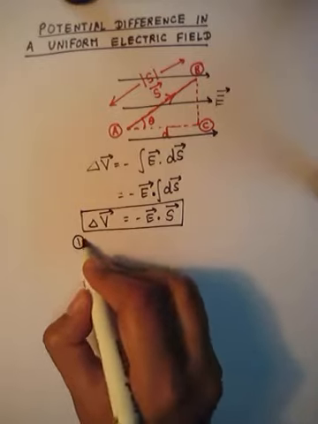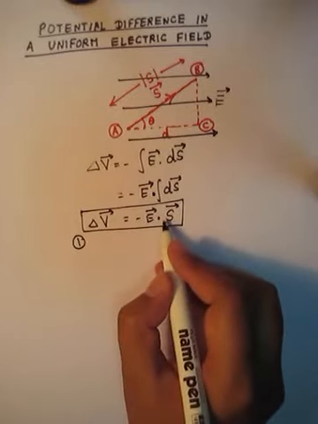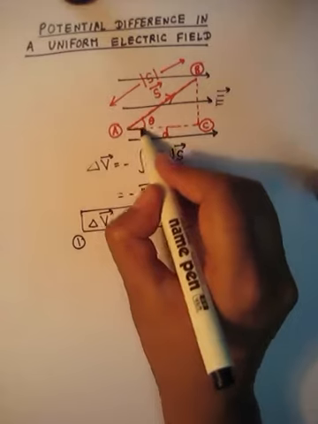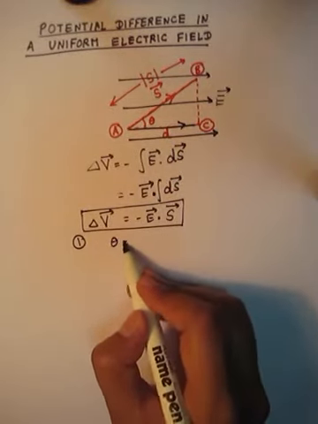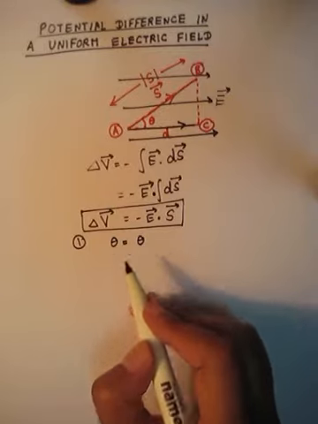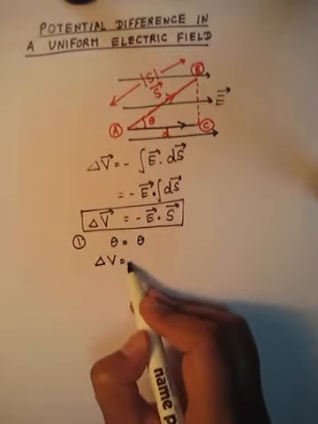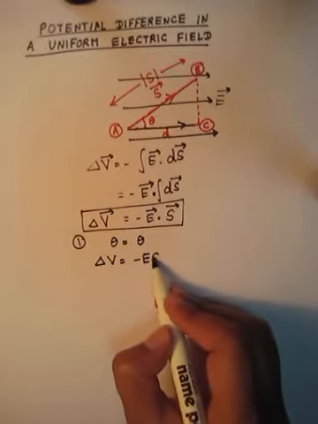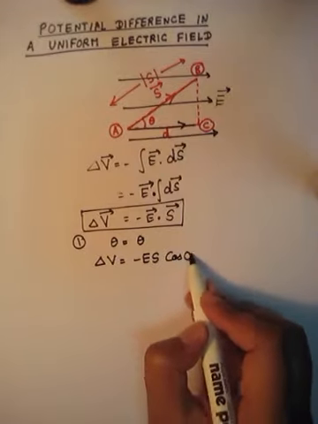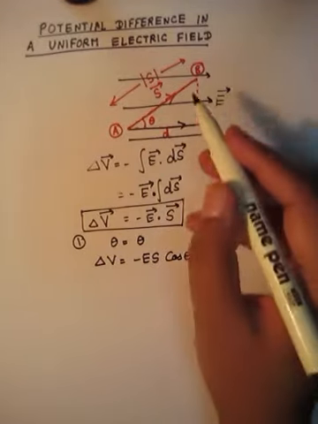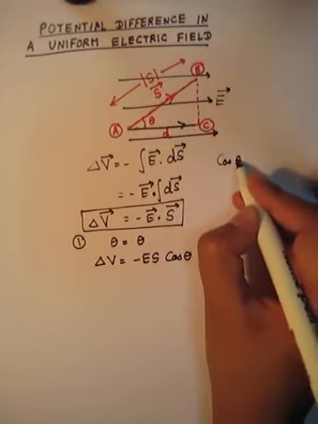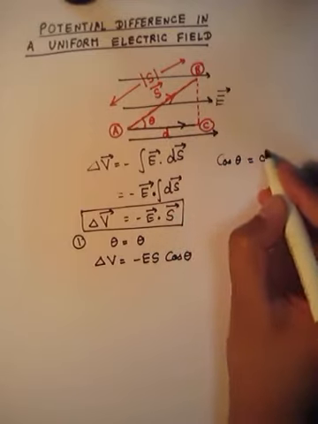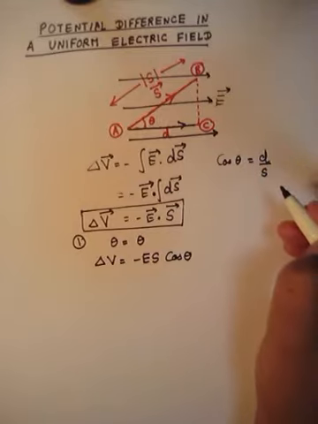Now let's say that in the first case, the angle between electric field and displacement vector is theta. Then delta V will be given by minus Es cosine of theta. Now in this triangle, if I have to find out what is cosine theta, it will be d upon S magnitude.